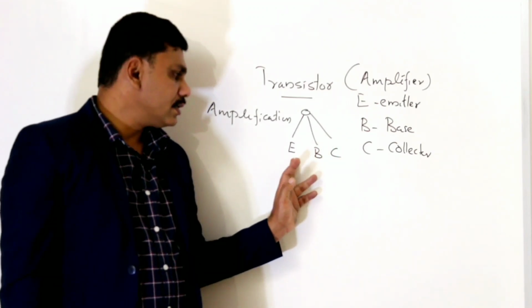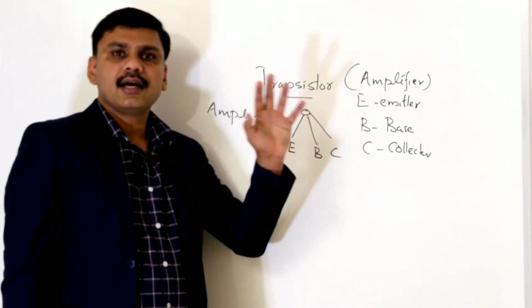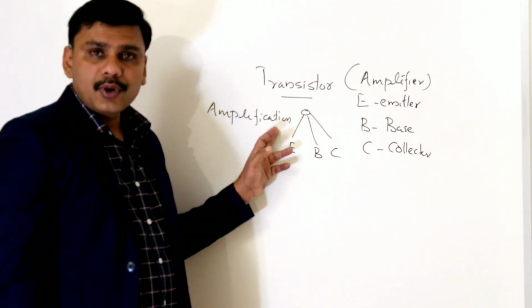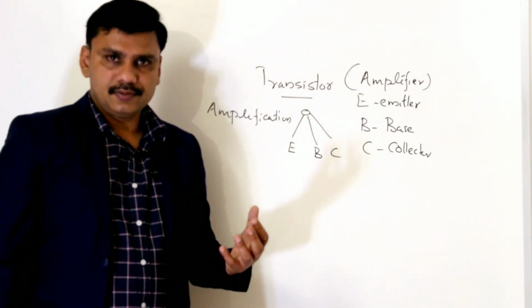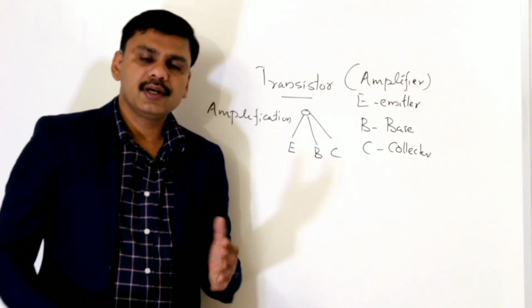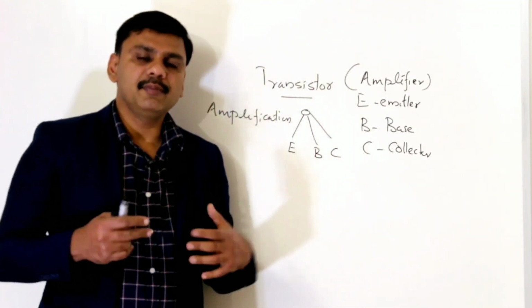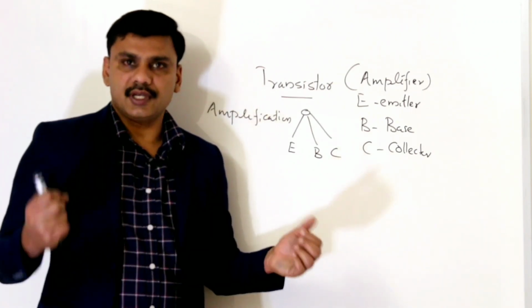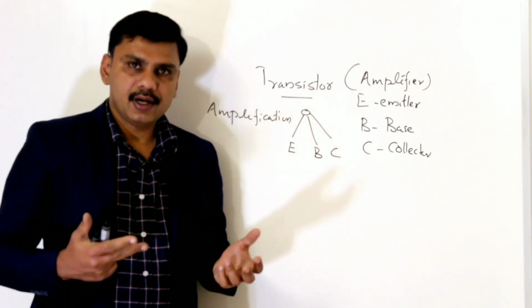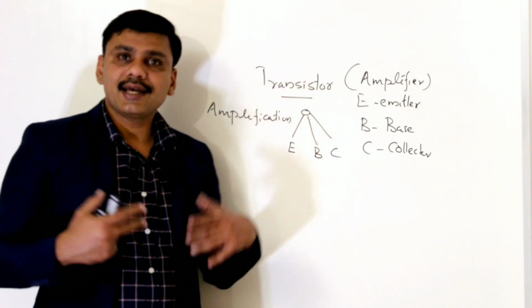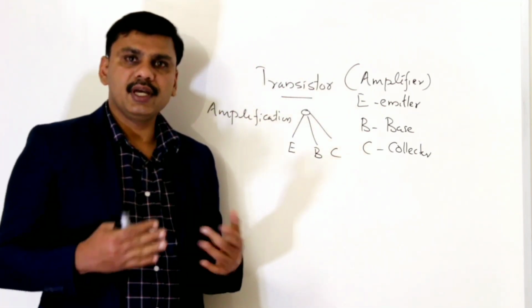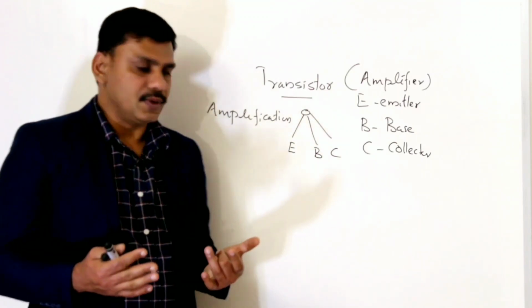A transistor has three legs: emitter, base, collector. So this is used for the amplification process. That means a weak signal you can make a strong signal by using an amplifier, and the process is known as amplification. So transistor is another component we are using in an electric circuit.